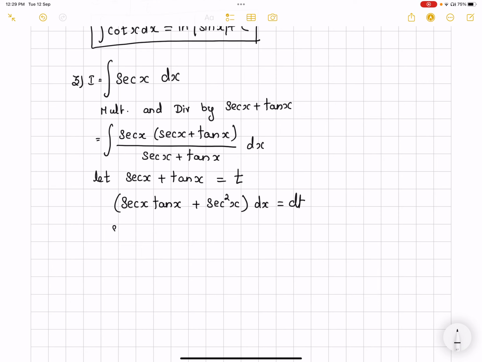Now if I just take secant x common here, just observe, you have your numerator tan x plus secant x, dx is equal to dt.